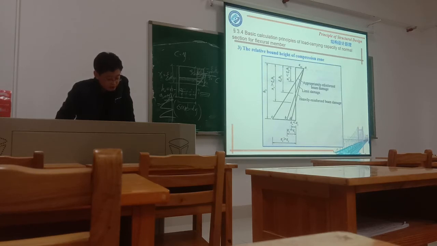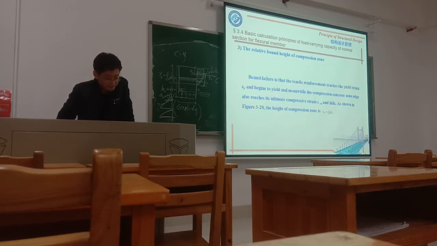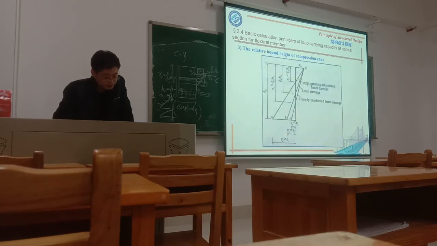From the B point to this point, the length equals epsilon y. This epsilon y is the yielding strain of the reinforcement, and it begins to yield. Meanwhile, the compressive concrete zone also reaches the ultimate compressive strain epsilon cu, at this point A. Epsilon cu is the strain of the concrete, and epsilon y is the strain of the reinforcement.